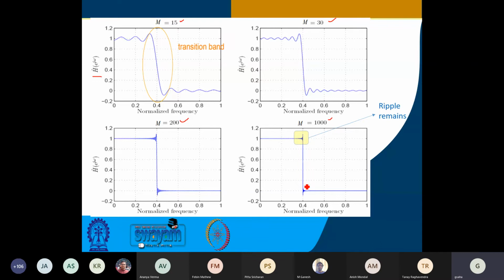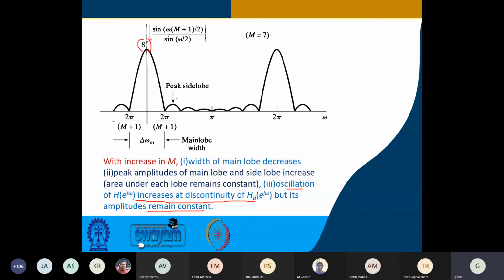It looks more like your ideal filter at very high order. A lot of processing will be required, but this oscillation has increased over here near the transition region, and the peak height remains constant. Okay, the amplitude remains constant.